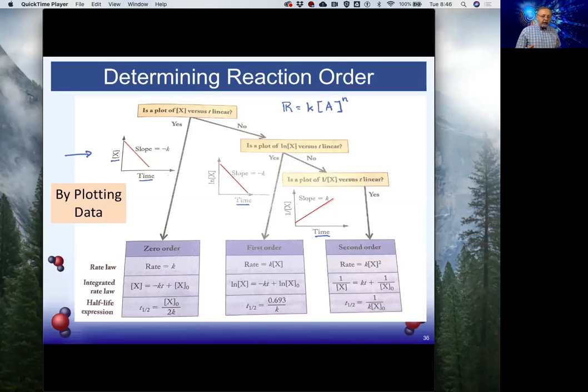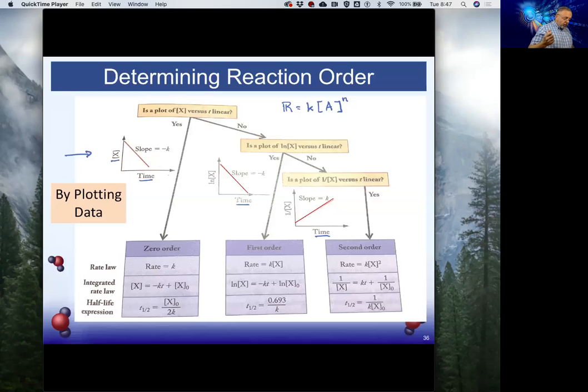And we can do that using the spectrophotometer in the laboratory by looking at a colored component of the solution and finding its absorbance. Remember, Beer's law tells us that the absorbance is proportional to the concentration. And the proportionality constant is the molar extinction coefficient that we calculated in the previous laboratory. So by looking at the absorbance, we can figure out what the concentration is, and then we can plot concentration versus time.